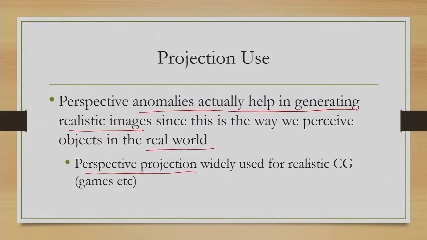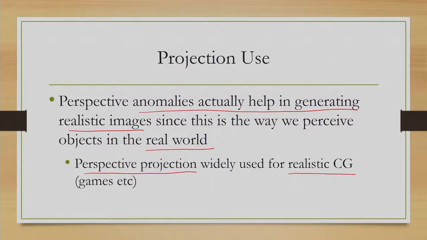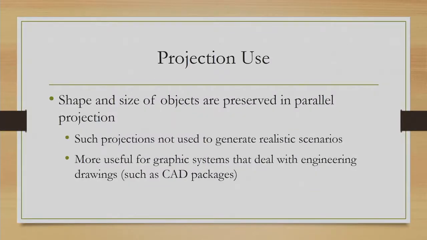So, perspective projection can be used for realistic computer graphics, for example in games or animations. Wherever we require realistic 3D scenes to be generated, we should use perspective projection.